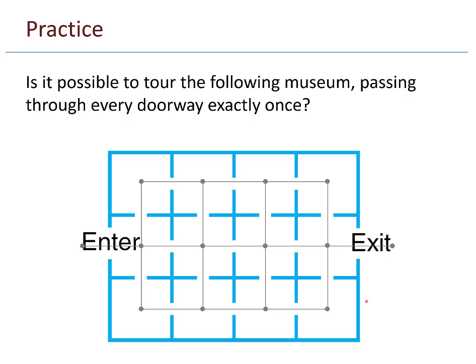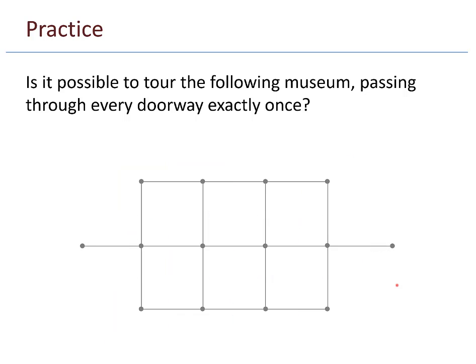We want the graph to be so that edges go through doorways. The question asks, how do I do this so I can pass through every doorway exactly once? And this is like traveling on a graph where every edge of the graph is used once. So let me get rid of the original building picture. There we go. And now we're just left with a graph. Can we do this?